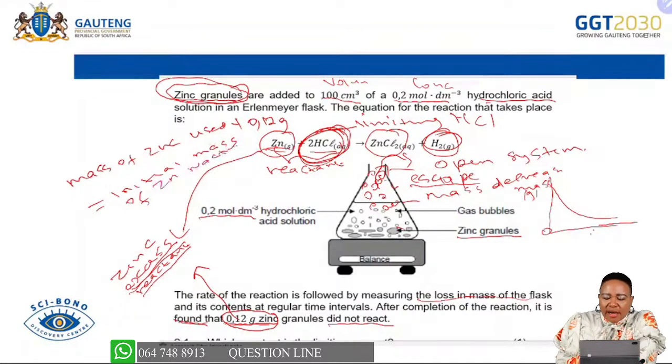So what information do we have? We have the information that zinc granules are added to 100 cubic centimeter of what? Volume of HCl. So there is more information about HCl that is given to us than the information about zinc.